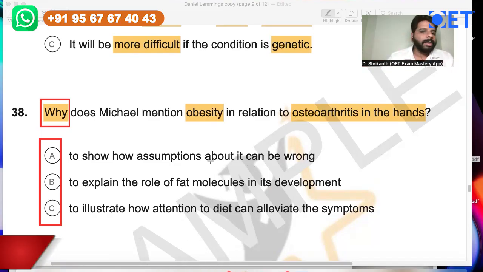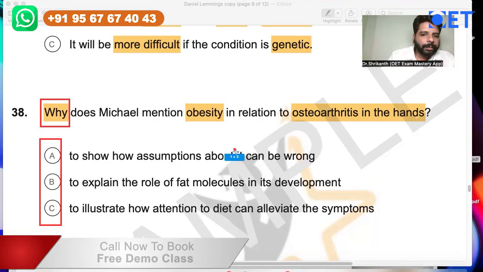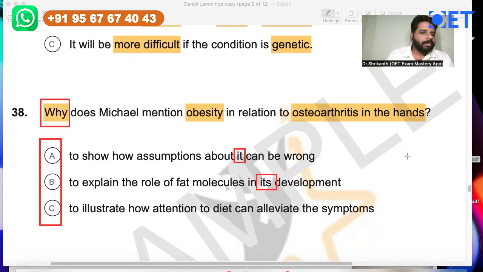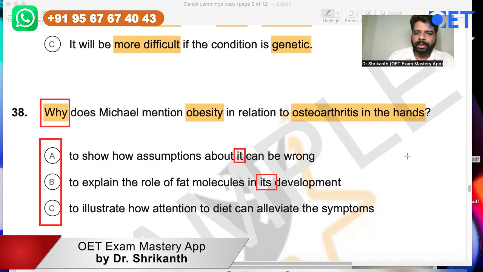So now let me ask you, what does the word it refer to? And here also we have it over here. What does the word it refer to? To show how assumptions about it can go wrong. What is it over here?